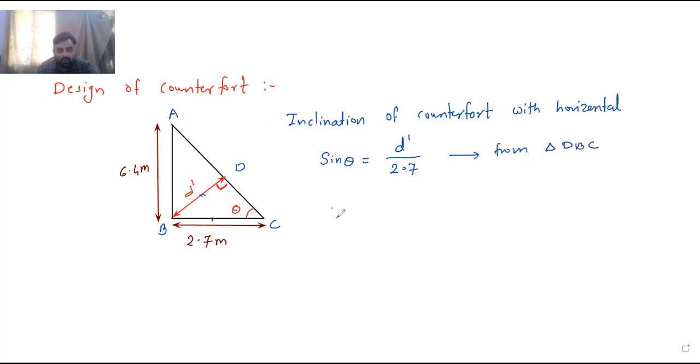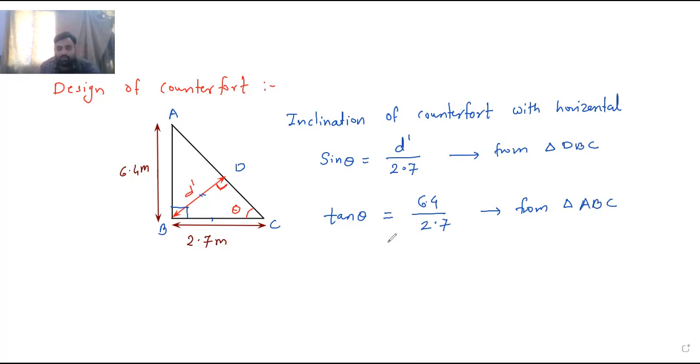And then again, if I use tan of theta in this big triangle ABC, this angle is 90 degree. So tan of theta is equal to the opposite side 6.4 divided by the adjacent side 2.7. This is from triangle ABC. Simple trigonometry, simple geometry.